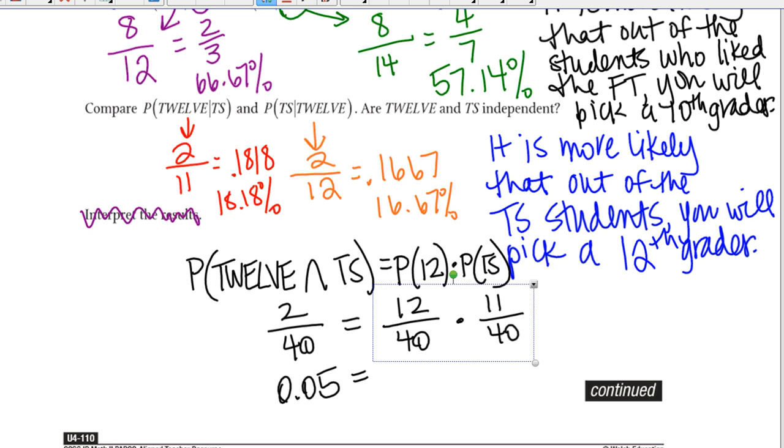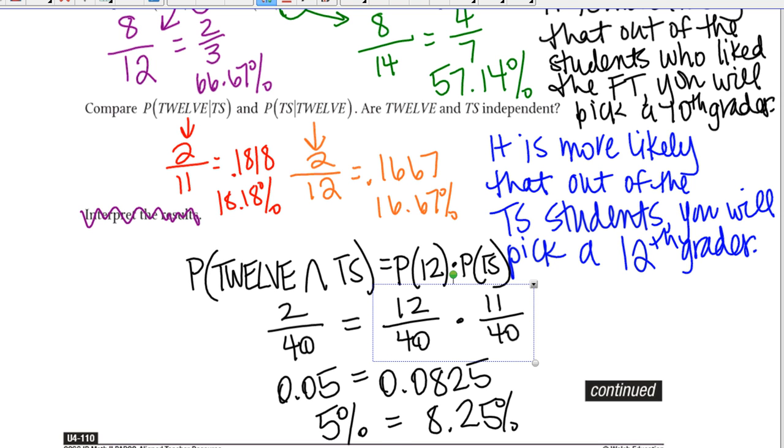equals 0.0825. So that's 5% and 8.25%. So again, we're looking for a 1% swing. Now, that's pretty close, but they are still dependent on each other.